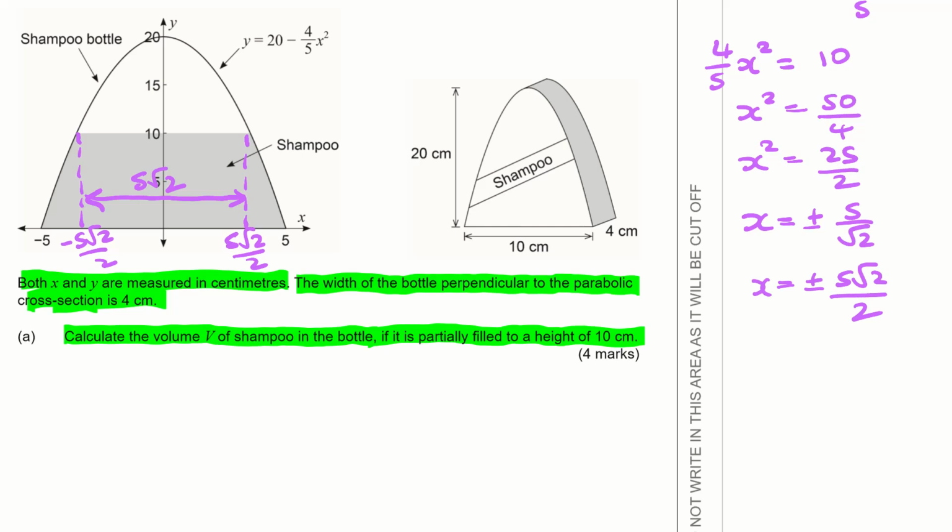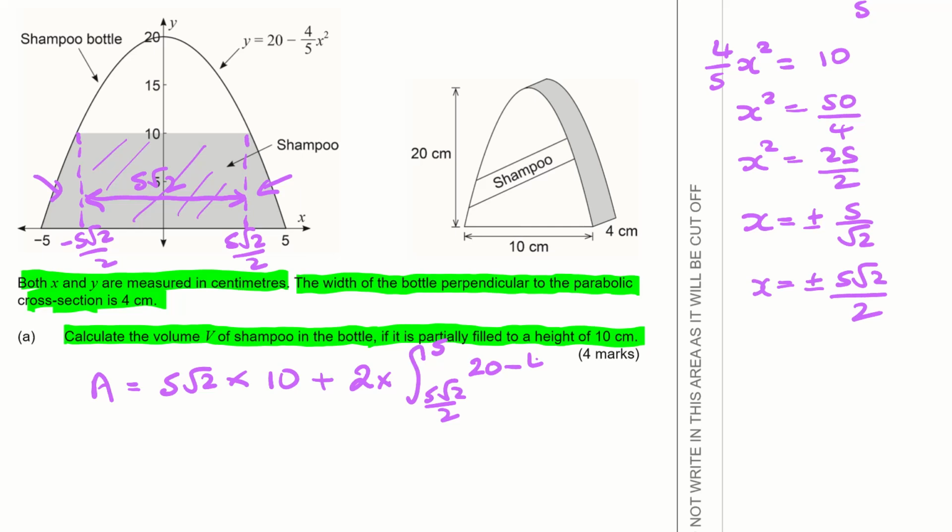So if we want the area of the shaded part in that diagram, that is 5 root 2 times 10, so that's the rectangle in the middle, plus these two bits, and the edges are going to be the same. So I can say, well, that's 2 times the integral from 5 root 2 on 2 to 5 of 20 minus 4/5 x squared dx.